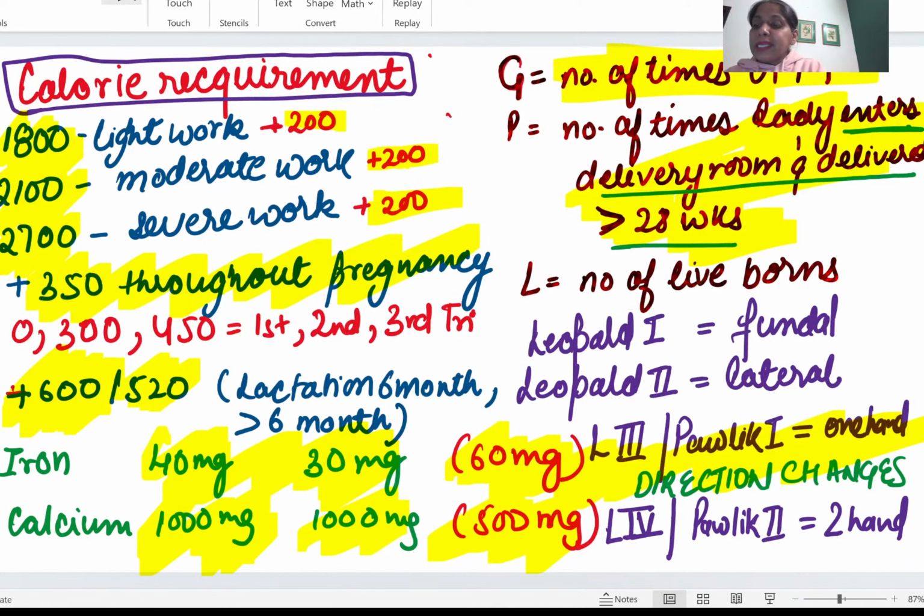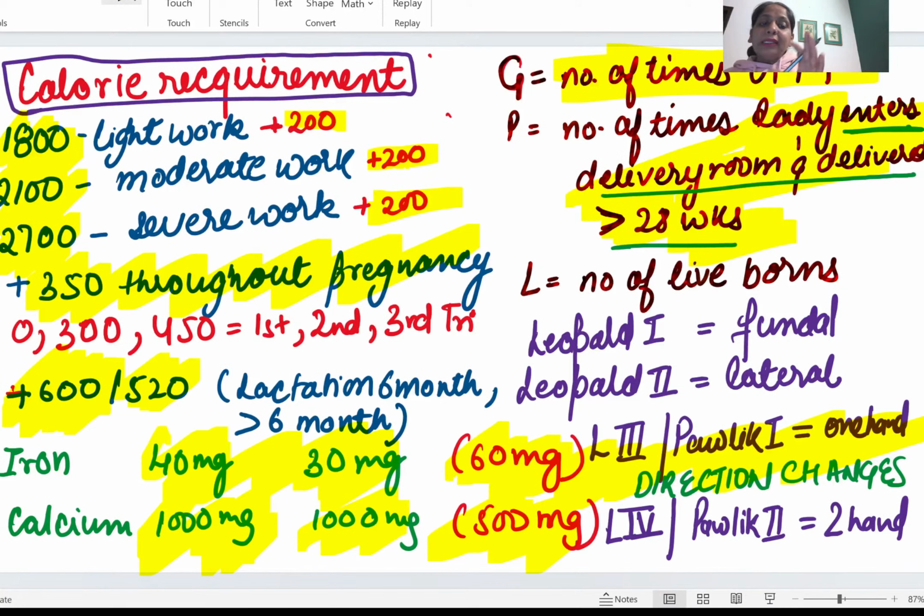On one side there is the back, and on the other side there are fetal limbs. The side on which the back is there is felt like a curve, more round in structure, and on the side where limbs are there, an irregular, nodular feeling is there.